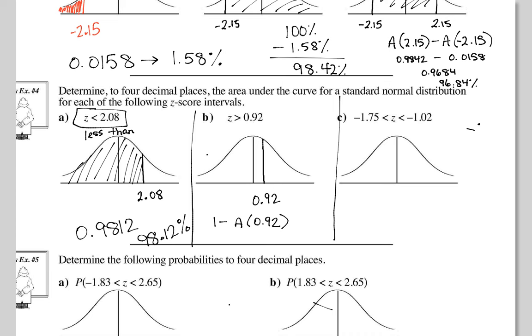So this is just 100% minus whatever the percent is for that one. The 1 is just 100%, because 1 is whole. Whole is full, 100%. What's the area for the z-score 0.92? I got 0.8212. Okay, so you have to do 1 minus that.